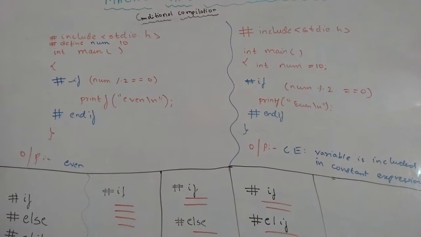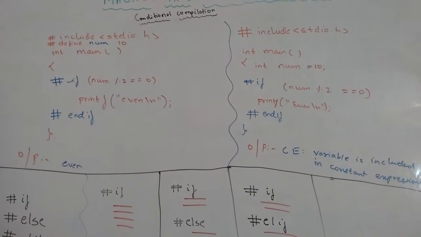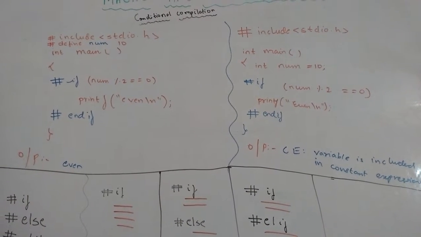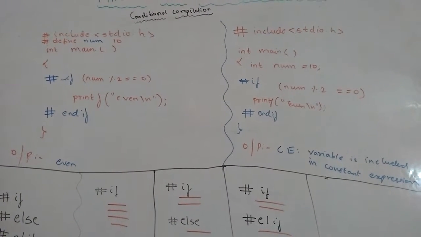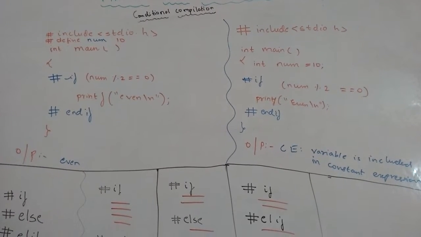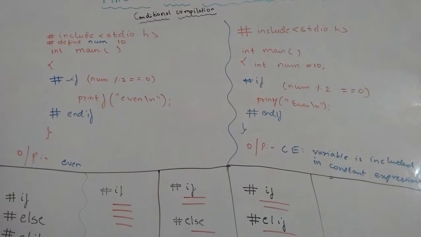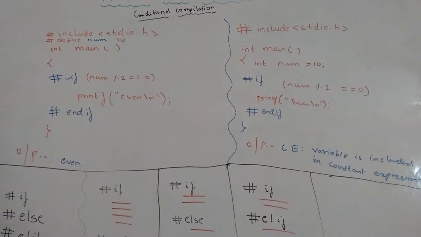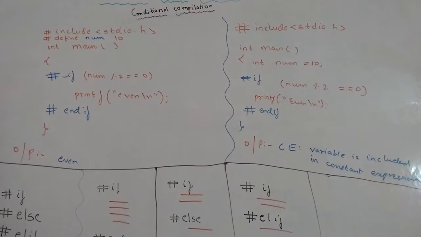and then int main, which we have also discussed, in which I have an if construct by saying hash if, and the condition is num mod 2 is equal to 0, then we have to print even. That is what I am doing. Hash if num mod 2 equal to 0, printf even.